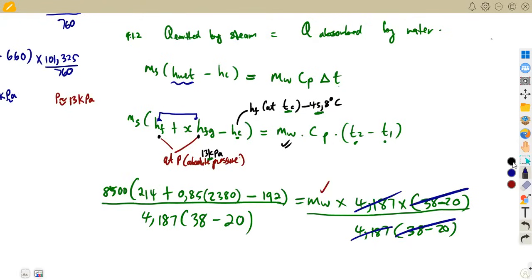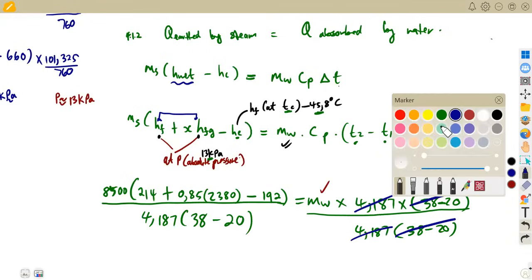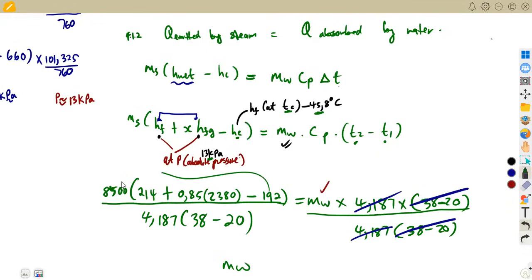All right, so if we simplify properly this value here for the mass of water from this side, if we simplify everything from that side, we are going to obtain the mass of water as 138 kilograms per hour.